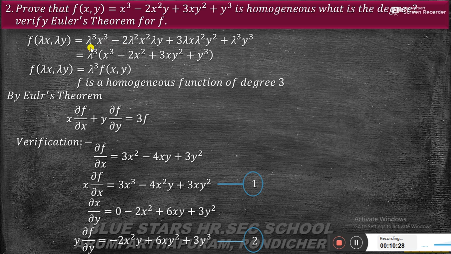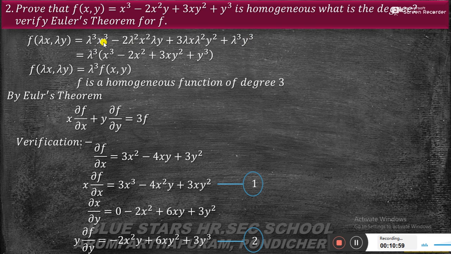In the next step, λ³x³ − 2λ²x²λy + 3λxλ²y² + λ³y³. So this is λ³x³ − 2λ³x²y + 3λ³xy² + λ³y³.